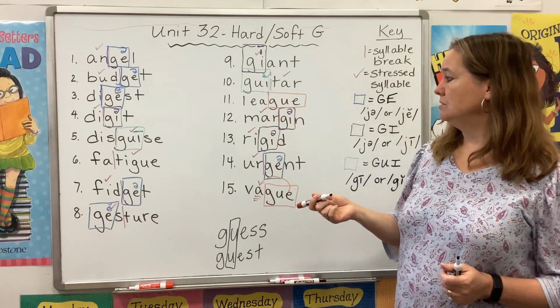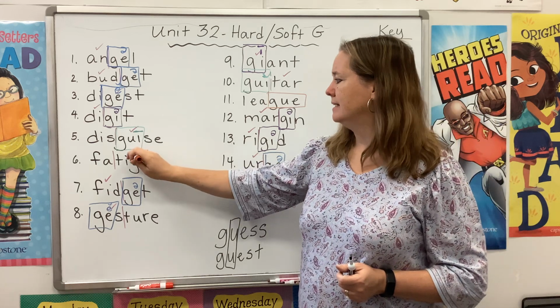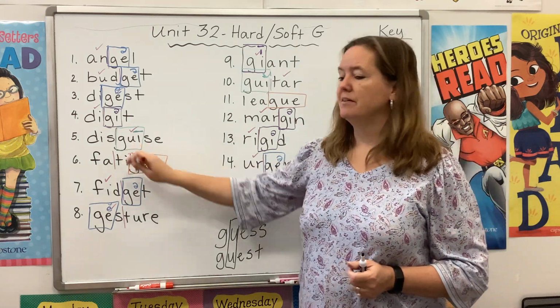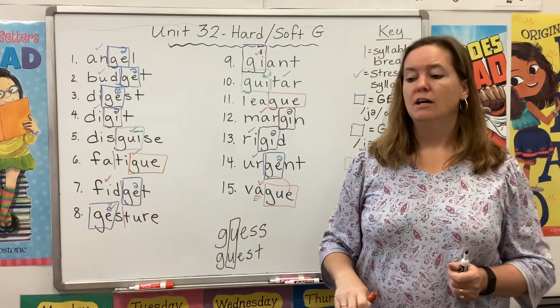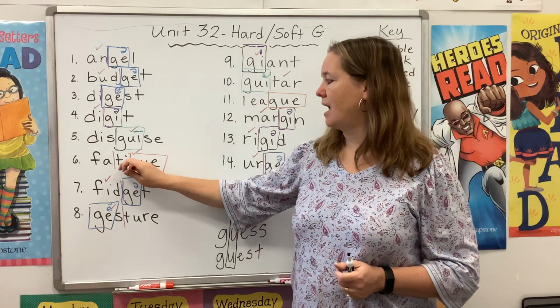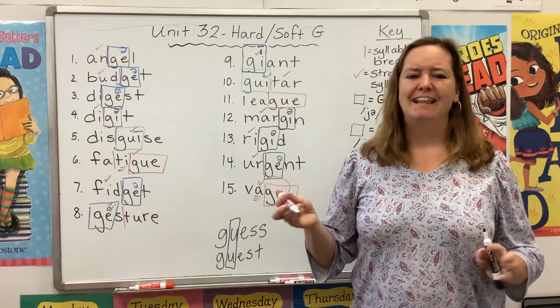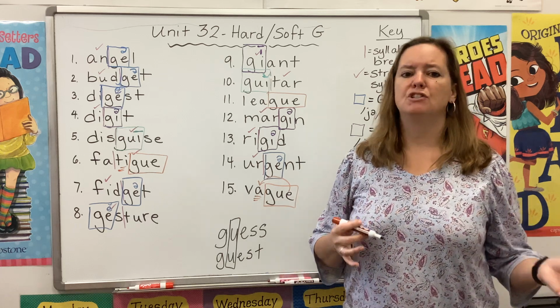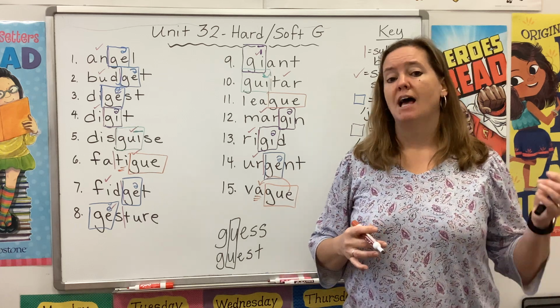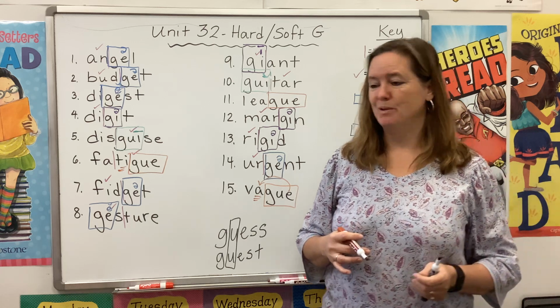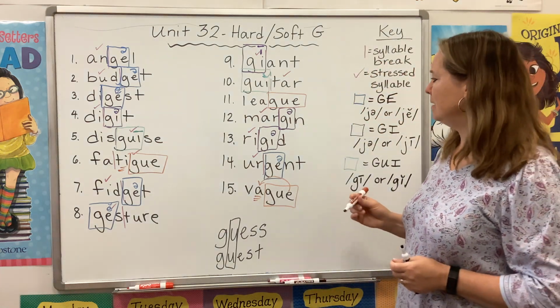Now, we also see it in fatigue. Okay, notice what's happening here. The I is actually making a long E sound, and that's because that comes from another language. You know that in many other languages, I makes an E sound. Okay, I think we got all that.